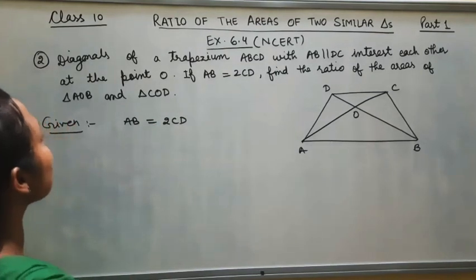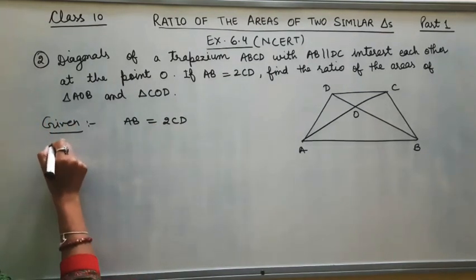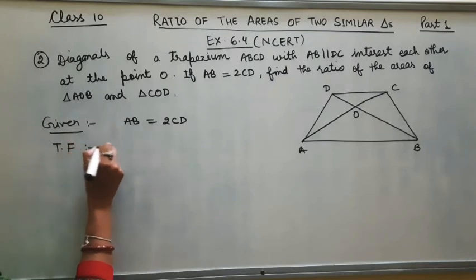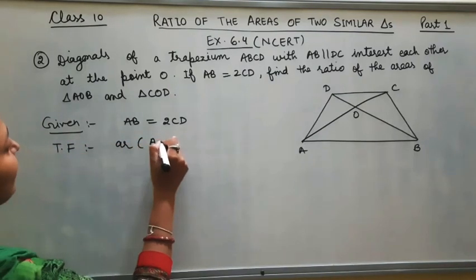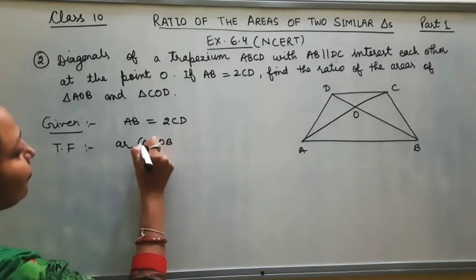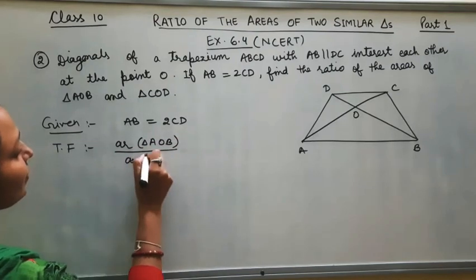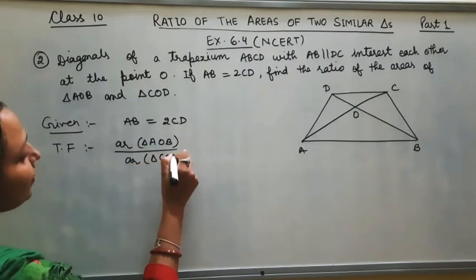Find the ratio of the areas of the triangles. So we need to find the area of triangle AOB upon the area of triangle COD.